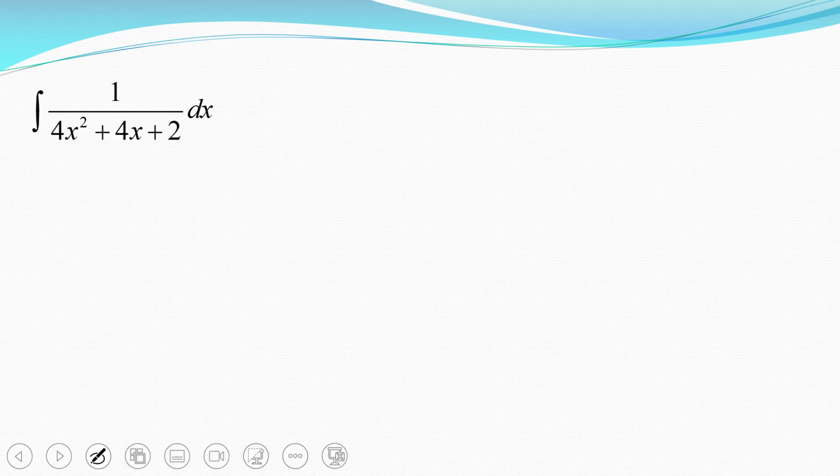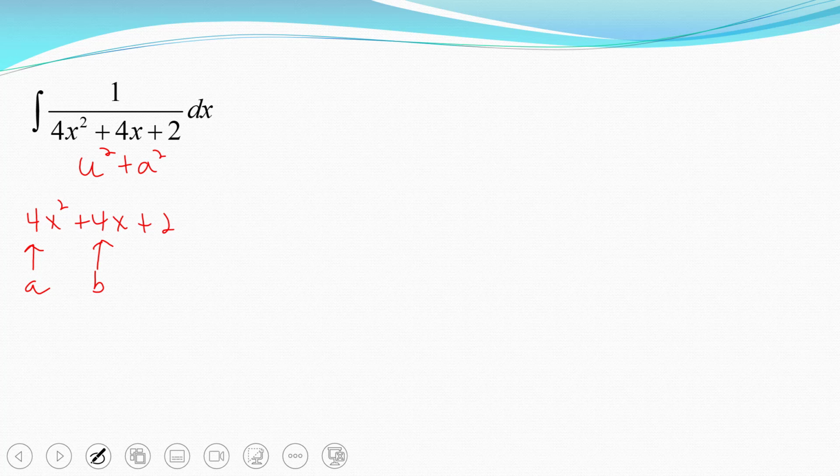I'm going to complete the square on what you see here. It looks to me that it has the form of a u squared plus an a squared. So let's see. 4x squared plus 4x plus 2. This is the b. This is the a. I'll take the b and divide by 2. So 4 divided by 2 is 2.